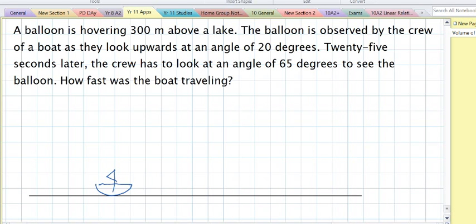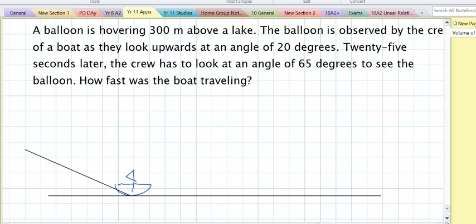Alright. Now, if we're sitting in the boat, what does an angle of 20 degrees look like? Is it like that? Over this way? Oh, you guys are going out this way. Alright, I'll move my boat. You can go either way.